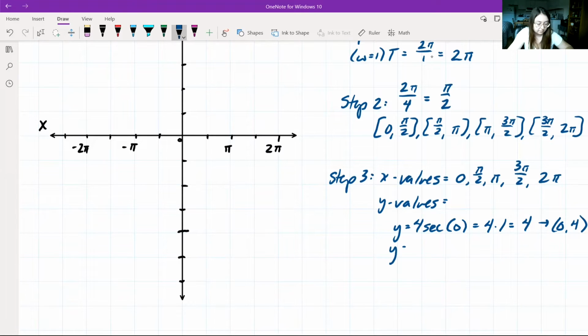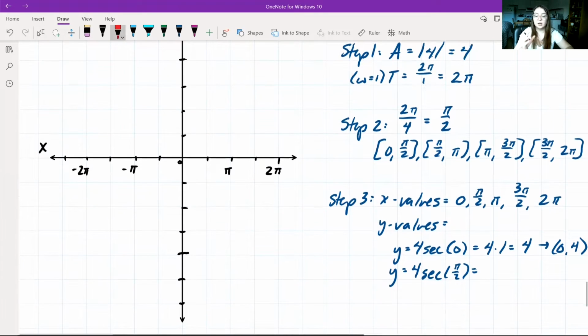Then we have 4 secant of pi over 2. And if we notice, secant of pi over 2 is going to be undefined. So we can't use that value. So what we're actually going to do is identify which values here have to be undefined.